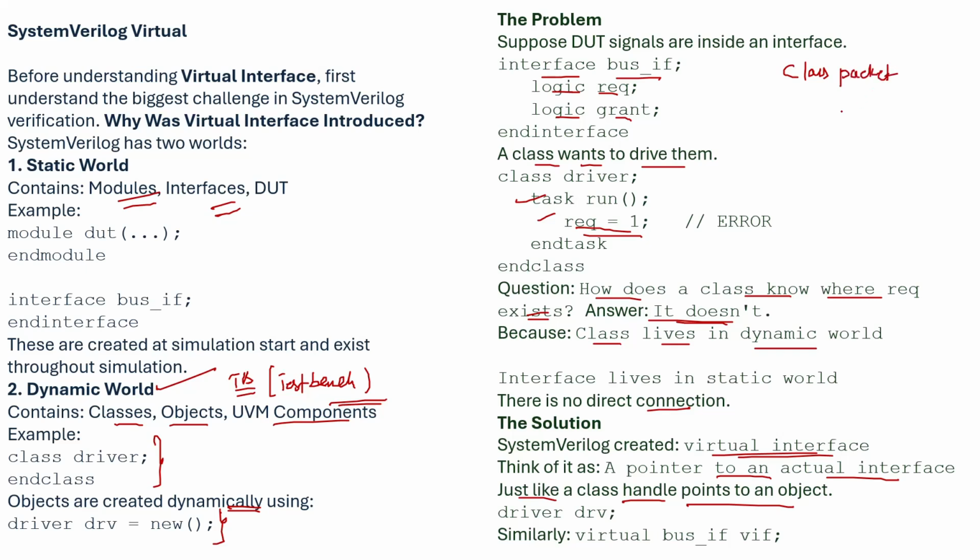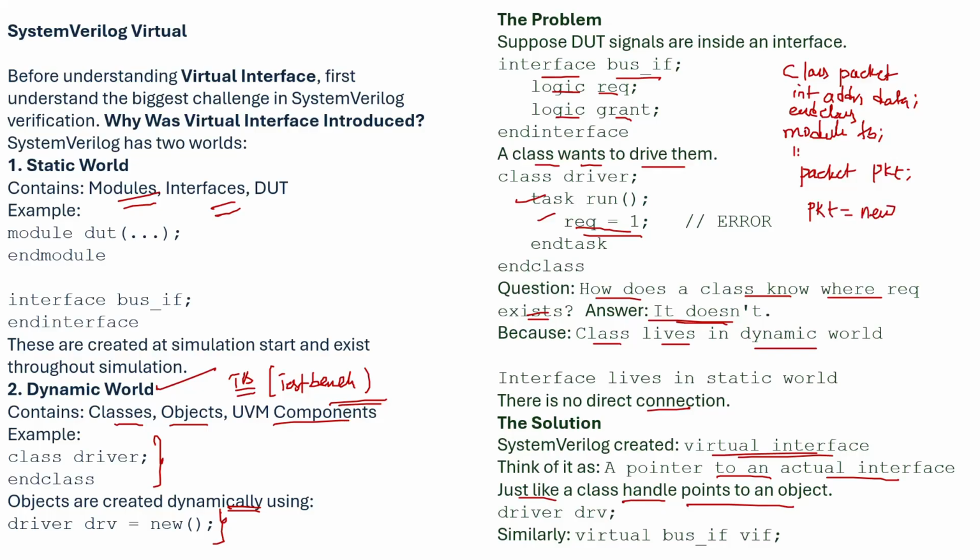How are we representing the handle for the class packet? In my module testbench, we are taking this packet, and for this packet I am representing the handle. Whatever the properties in your class, address and data, I am calling through this packet handle.